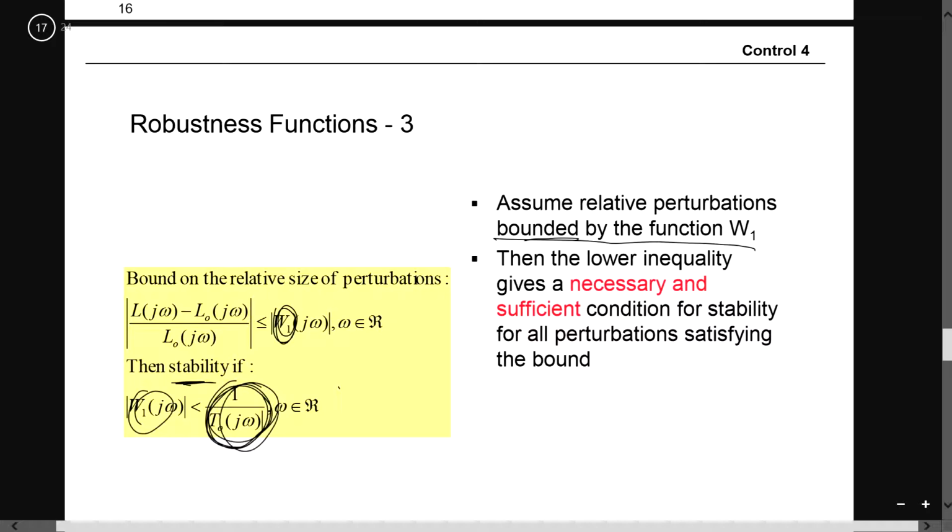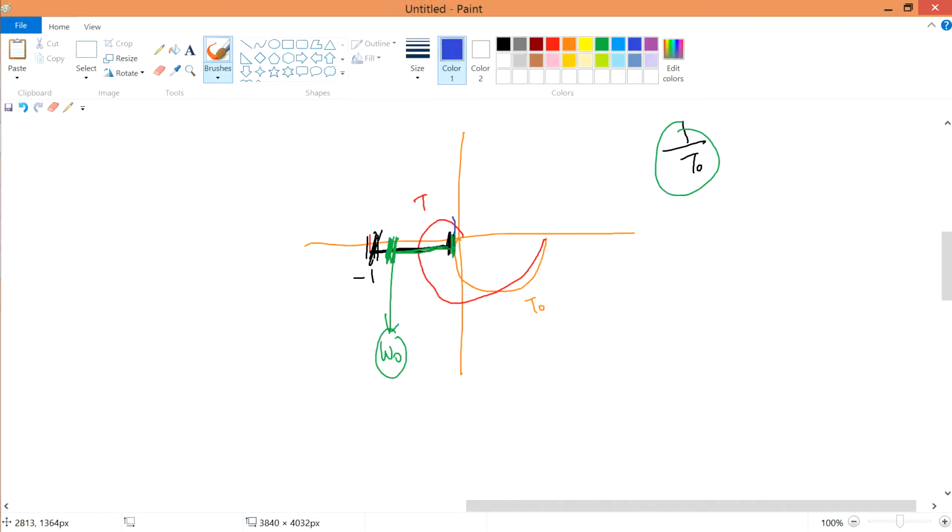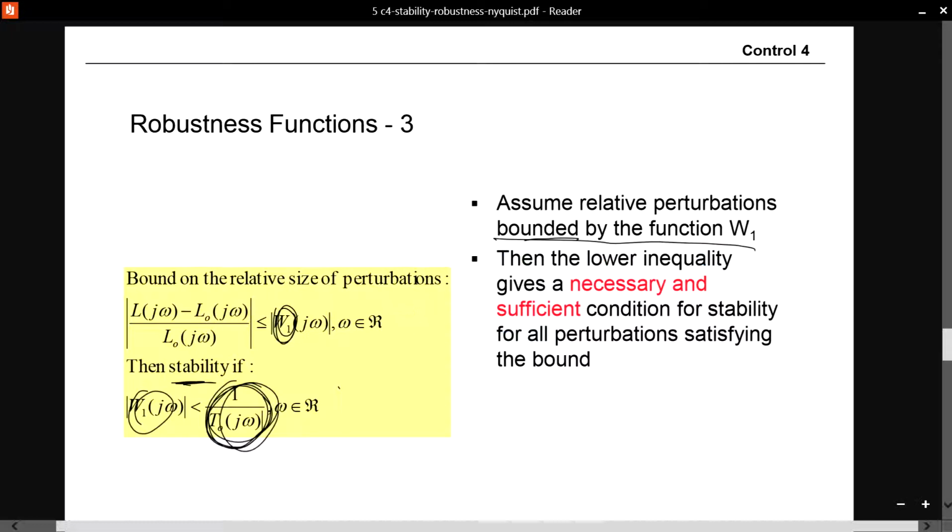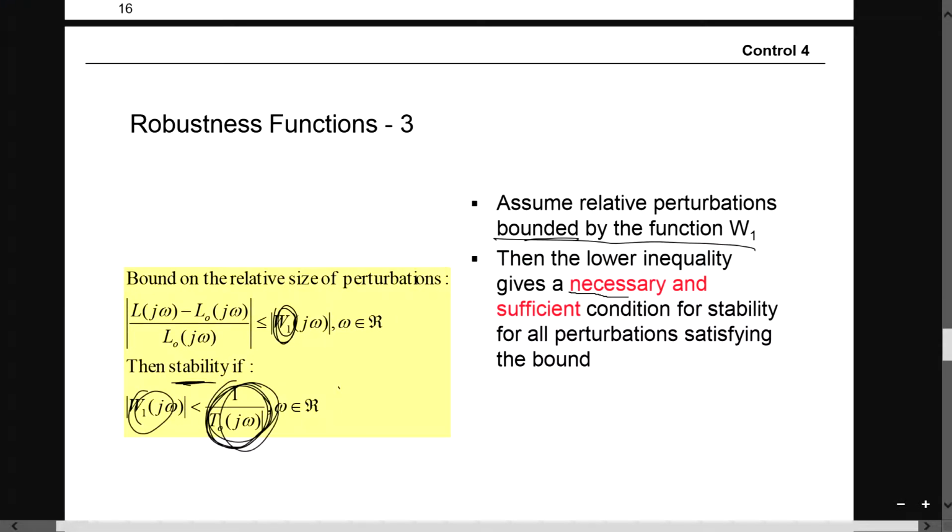Alright, and therefore, any Nyquist plot that goes over this green section is considered unstable already. So you actually create another condition to specify stability. And therefore this gives a necessary and sufficient condition.